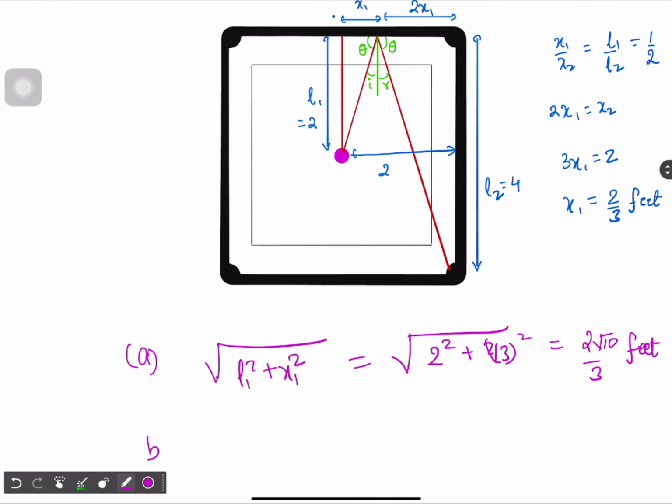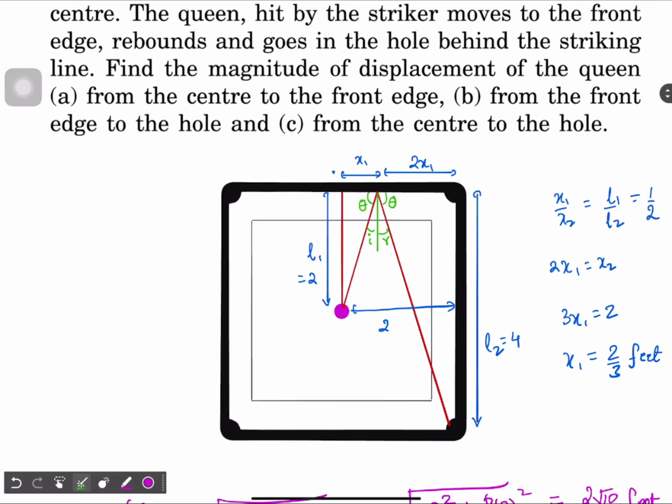Now talking about the second part. In the second part, they are asking from the front edge to the hole. That means from the front edge to the hole, they are asking for the hypotenuse of this right angle triangle. So for this right angle triangle, I can apply Pythagoras theorem and my hypotenuse will be under root of 2x1 whole square plus L2 square, right? 2x1 squared plus L2 squared gives the resultant hypotenuse.